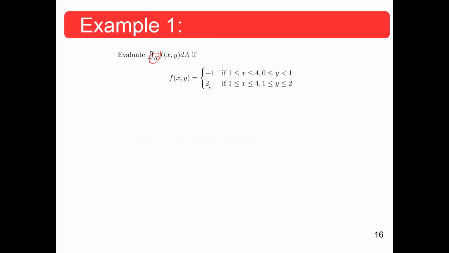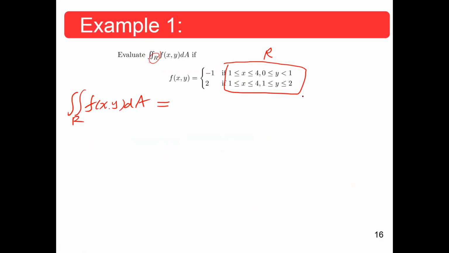The function equals 2 if x is between 1 and 4 and y is between 1 and 2. So we're doing the integral of f(x,y) dA over the region R, right? The region R will be based on the corresponding given domain. So there are 2 parts of this given domain, right?